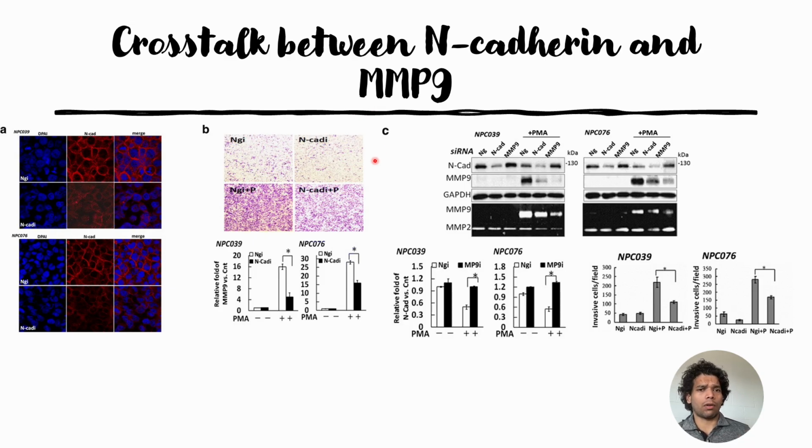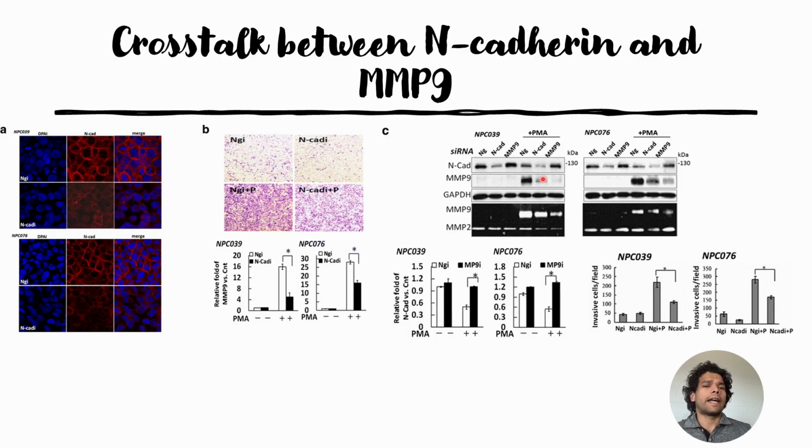Now they wanted to check the crosstalk. For that they use the Western blot, and the results also look like gelatin zymography results. On the Western blot, it looks like for the control there is no impact on the N-cadherin and MMP9 levels. When PMA is there, MMP9 goes up, but when they use the N-cadherin knockdown, the intact N-cadherin goes down.